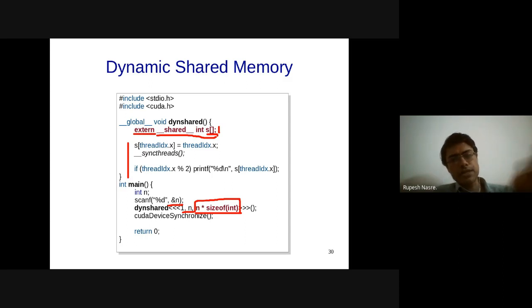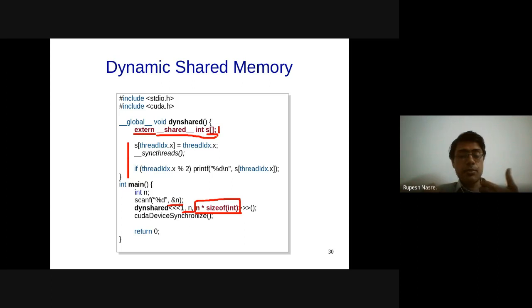For the static case, the compiler was making some checks because it knew the amount of memory that you require. If it goes beyond 48 KB, or let's say 32 KB if you have prefer equal, or 16 KB if you say prefer L1, then the compiler can give an error.